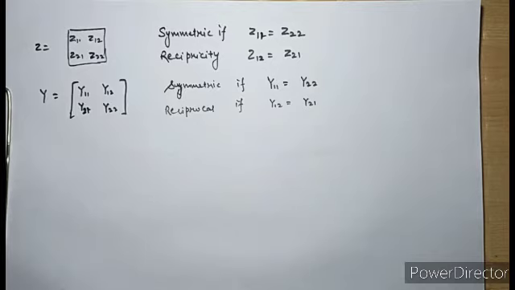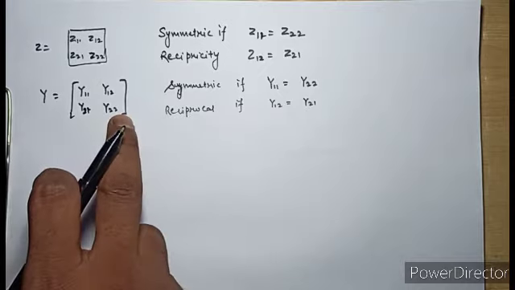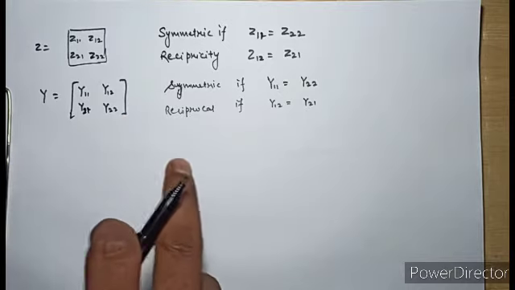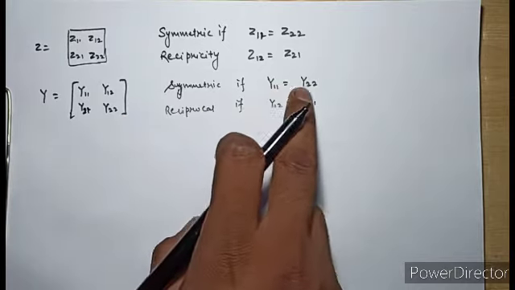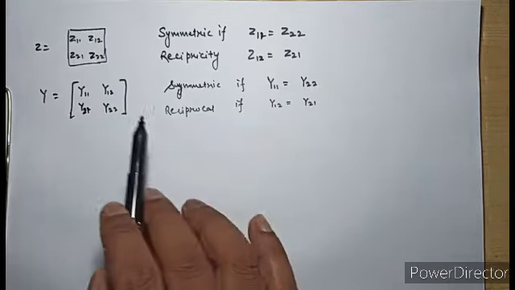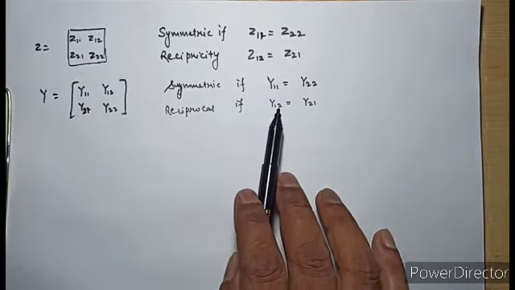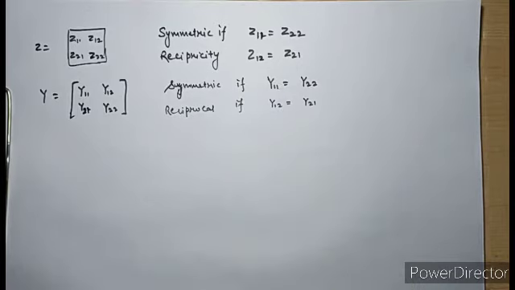Means if a network is given whose Y parameters are given like this, then that network will be symmetric if it satisfies Y11 equal to Y22, and that network will be reciprocal if it satisfies the Y12 equal to Y21 relation, right?